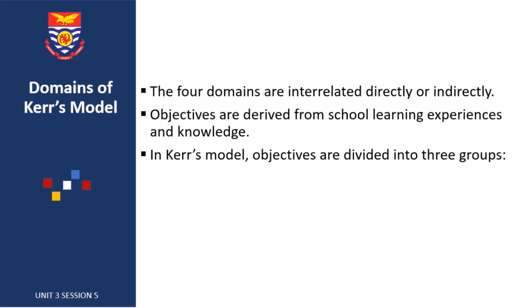In his model, the objectives are divided into 3 groups: the affective, the cognitive, and the psychomotor. It means that the intended objectives that will help us achieve the general aims of the curriculum must have an affective component, a cognitive component, and a psychomotor component.